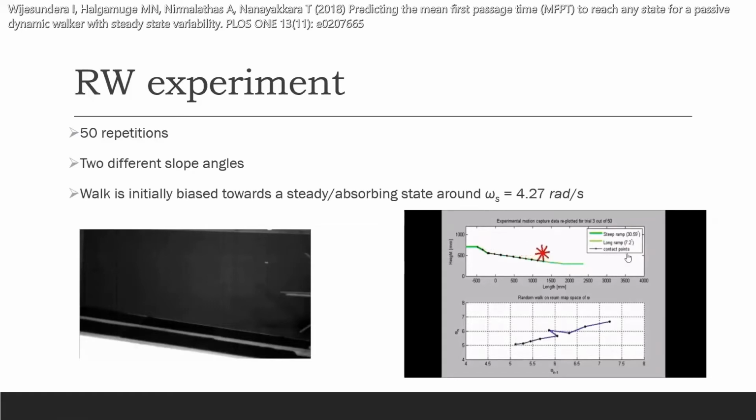So the y-axis here is the angular velocity at step n, and the x-axis is the angular velocity at step n plus 1. So as you can see, when we look at the ensemble of all trials, it looks like a random walk that is biased towards the steady state attractor somewhere around this point.